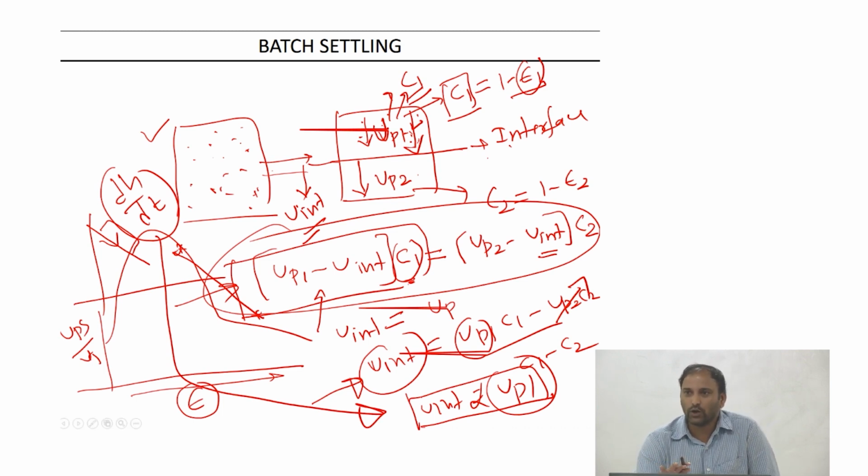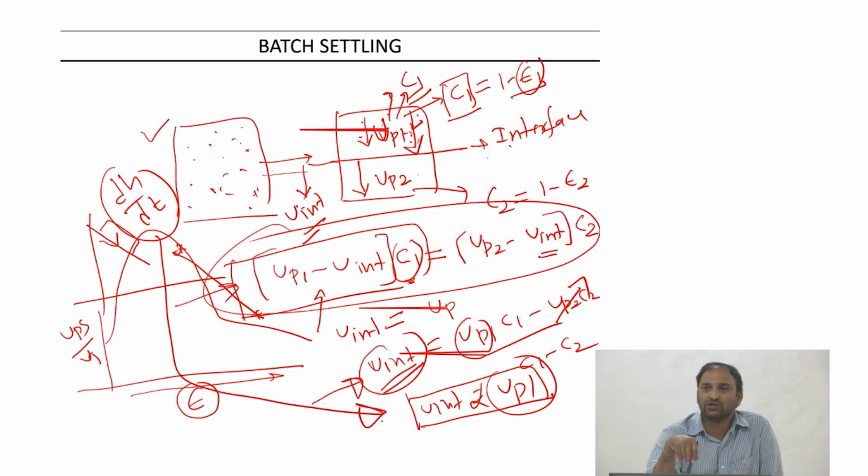We will not go into the details of that, but the point I want to make is that in the experiment you are going to do next semester, you follow the interface between the clear fluid and the bottom fluid with some particle concentration. Because you are measuring u_interface, that will be a nice way to back calculate your settling velocities.